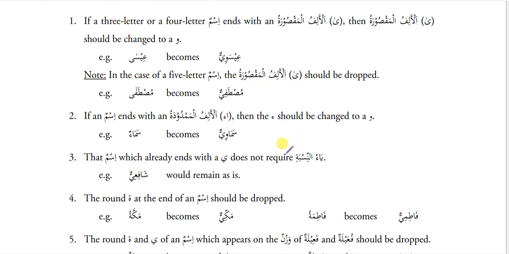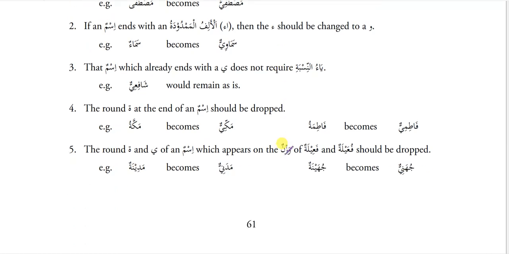Now note, if the word is 5 letters and ends with ya khara zabar or alif maksura, then the ya will be dropped. The ya khara zabar or ya madda should be dropped, and only the ya mushaddad, the ya of relation, will be added. So from Mustafa it becomes Mustafiyu.